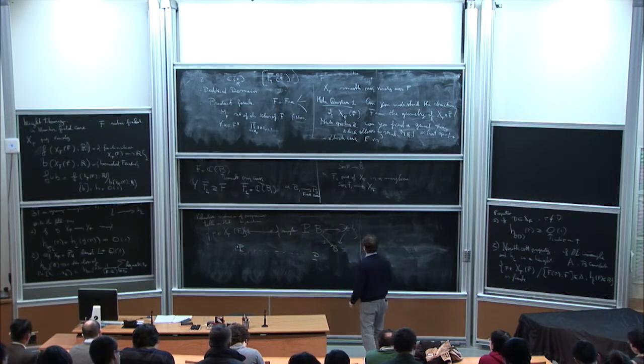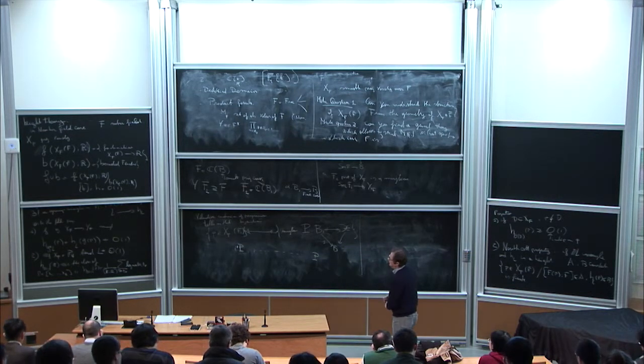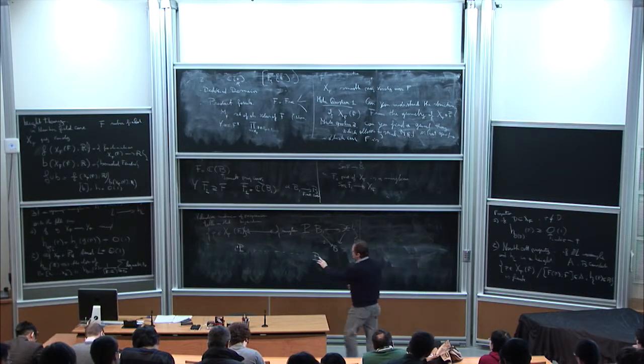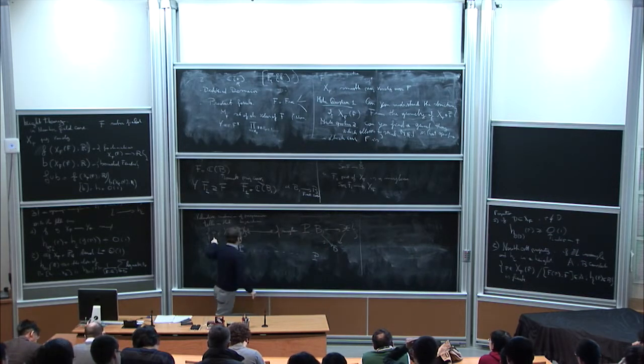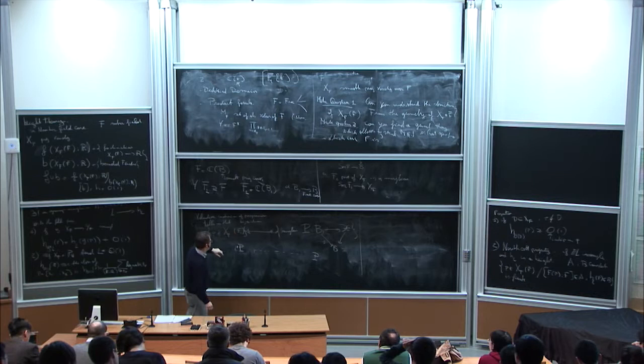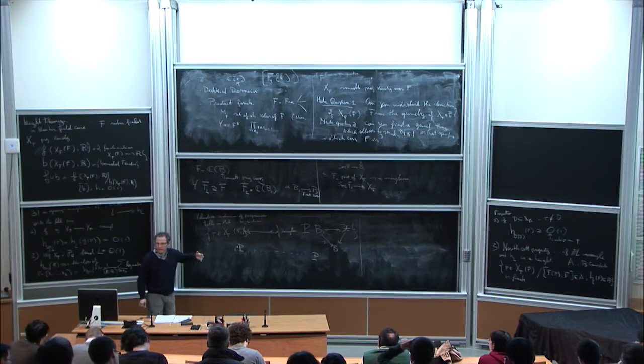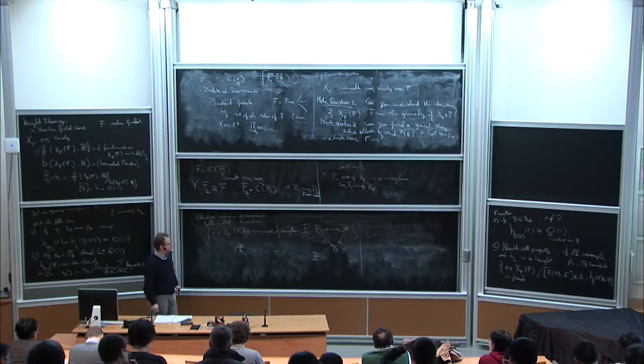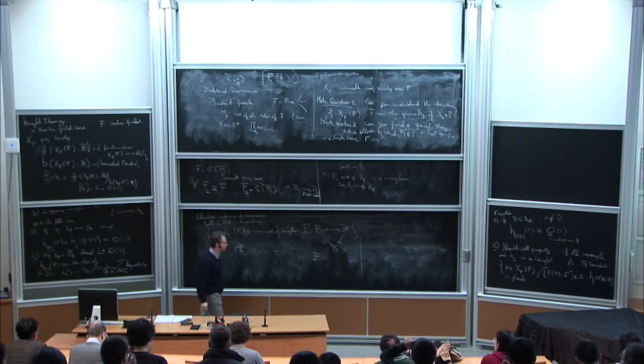And so I want to define a height theory. I want to tell you, when you have a point and a line bundle, what is the height of this point with respect to the line bundle.